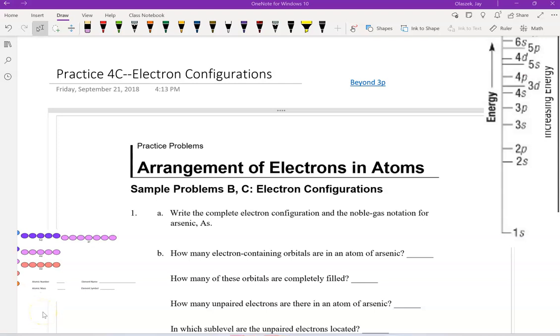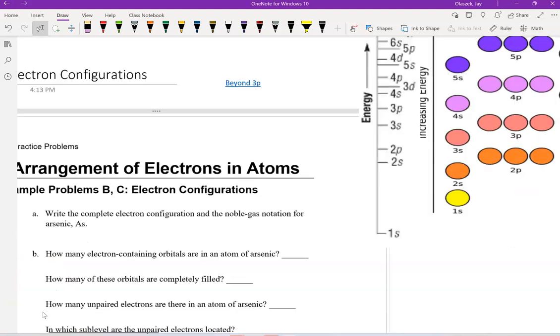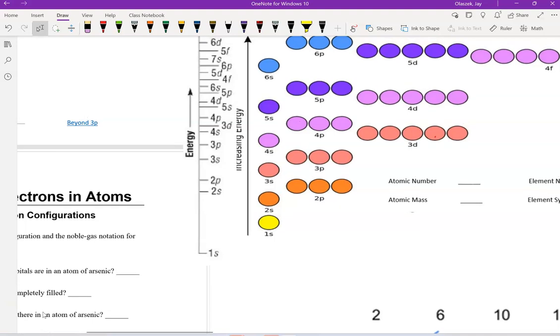Okay, this is practice 4C, and this is what electron configuration looks like when we go beyond 3p. And things start to look a little weird. We're going to follow this order.